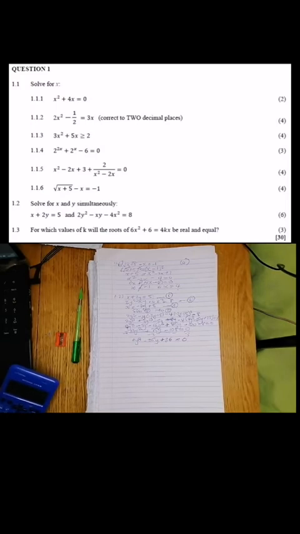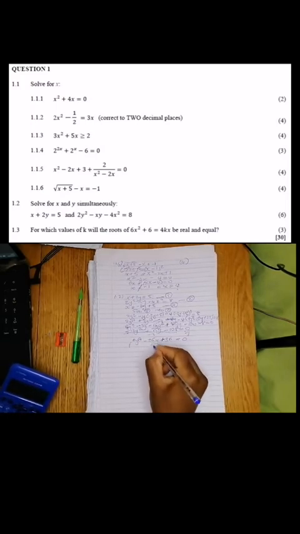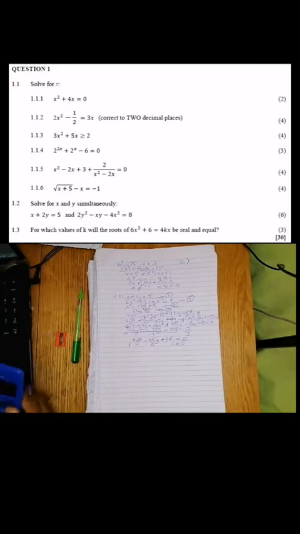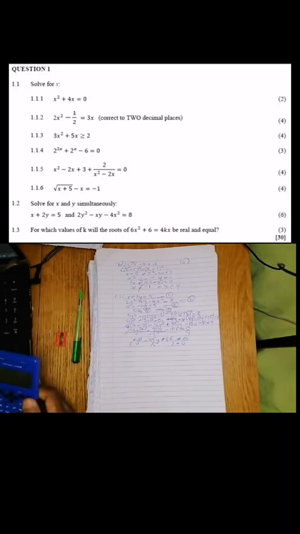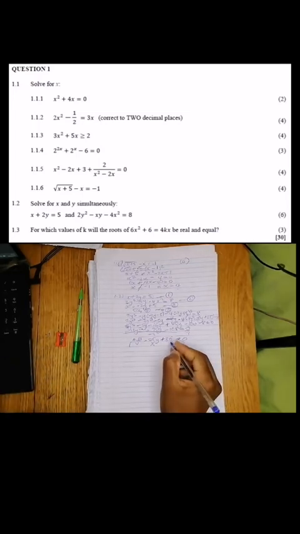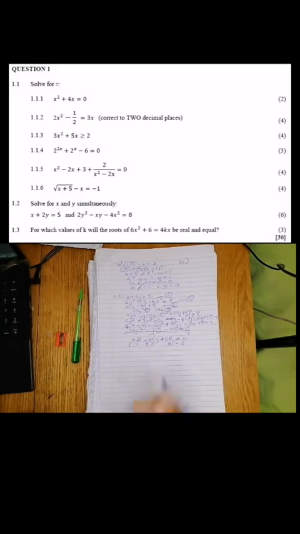Now we factorize, open up two brackets, look for your factors. 36 is equal to 4 multiplied by 9. We have 4 and 9.